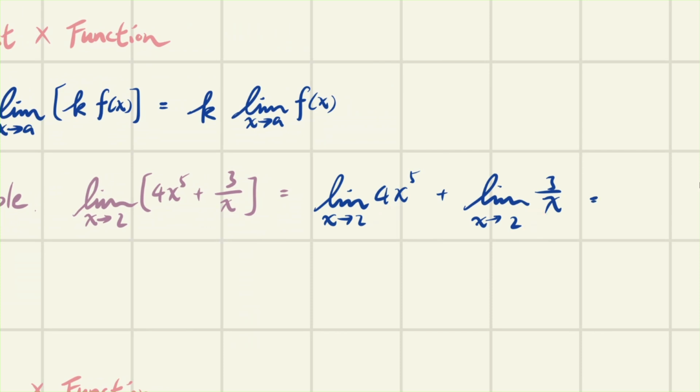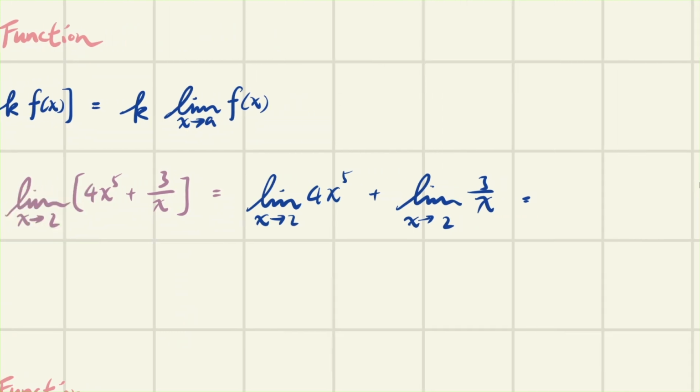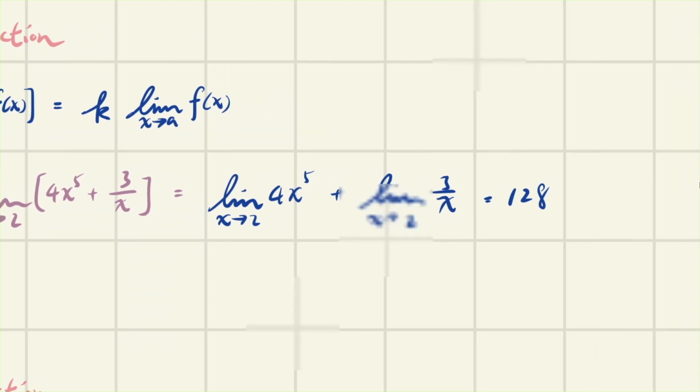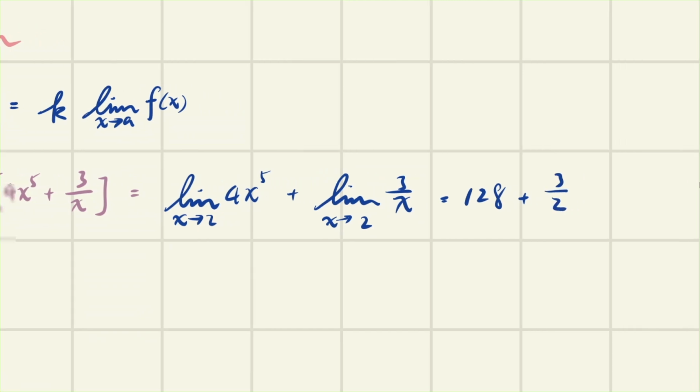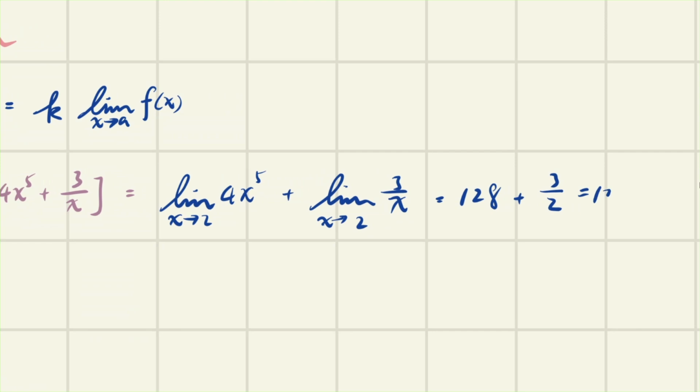Then we get 2 to the power of 5, 32, 32 times 4, 128, right? Yes, 128, plus 3 over 2.